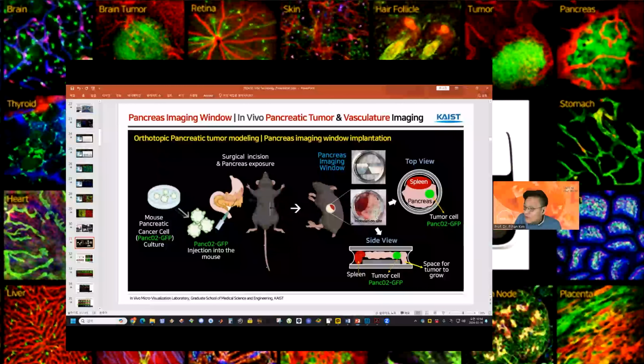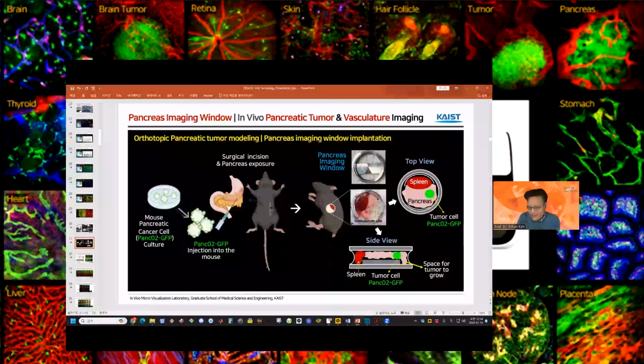Another question is, is there any limitation of this in vivo live imaging compared to fixed tissue-based imaging? Yeah, of course, there are many limitations. The obvious limitation is labeling. In fixed tissue-based imaging, you can label almost everything, right?